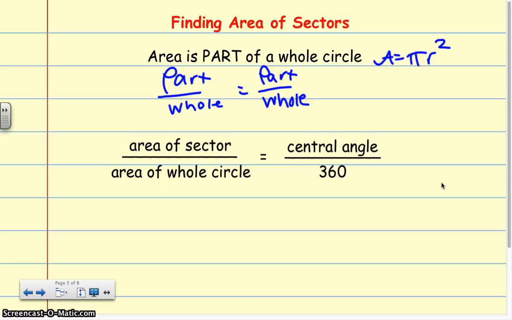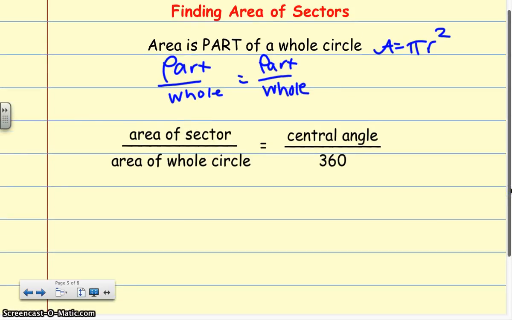That's a formula you're going to want to know. So here's my generic formula for finding area of sectors. I have my area of the sector is to the area of my whole circle, as my central angle is to 360 total degrees.